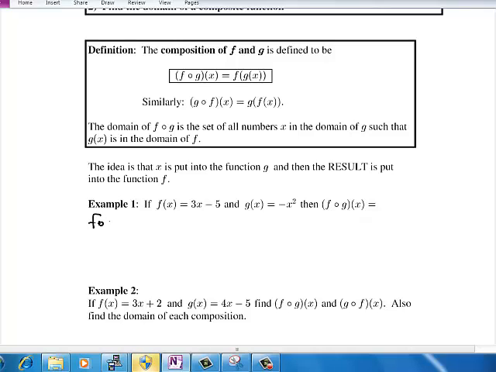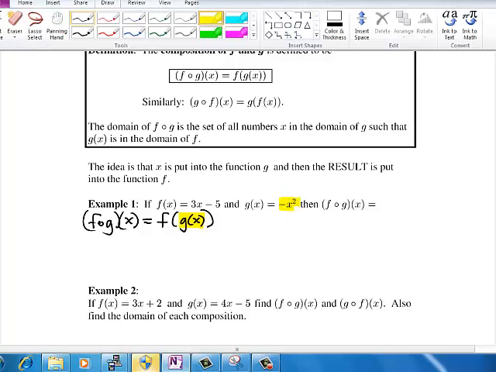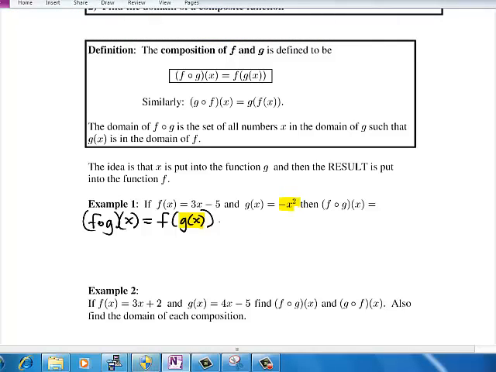So f circle g, or f composed with g of x, if we switch to nested function notation, f is on the outside, g is on the inside. What we want to do is replace g of x with its formula.